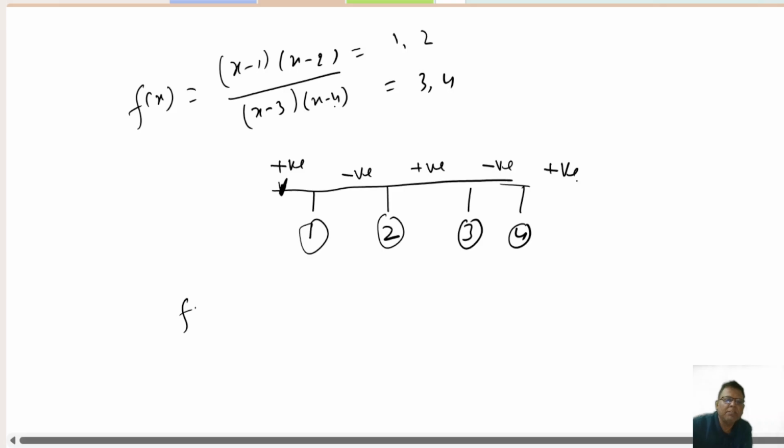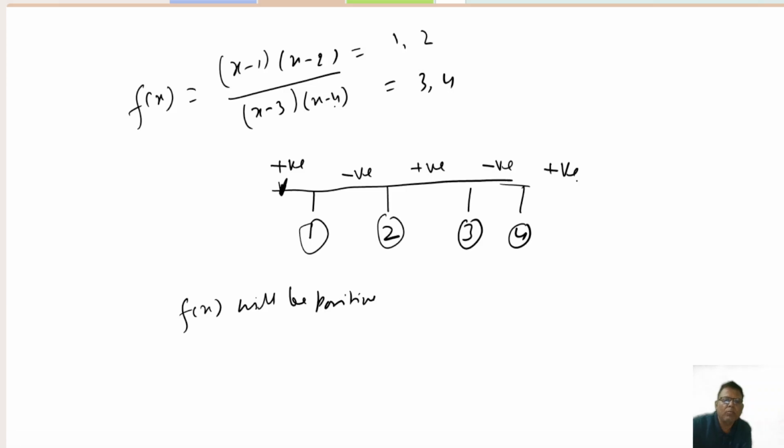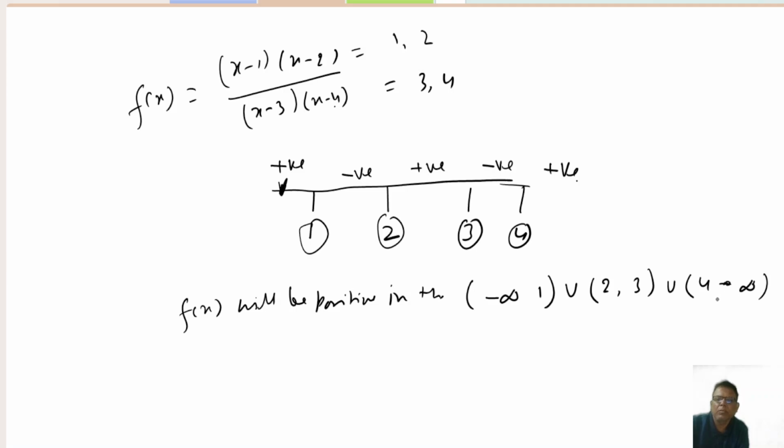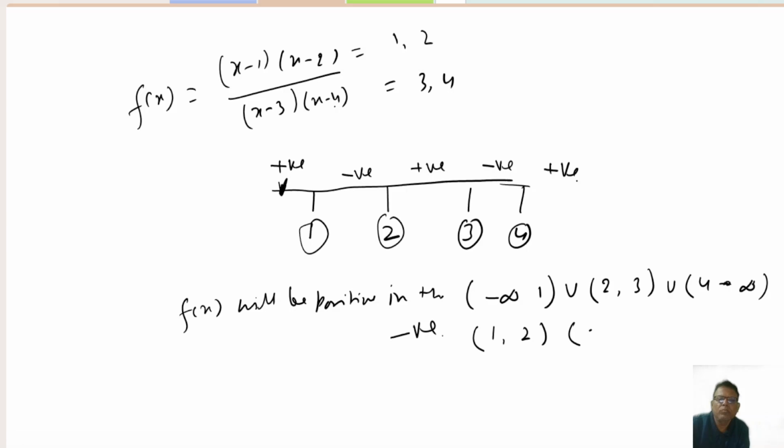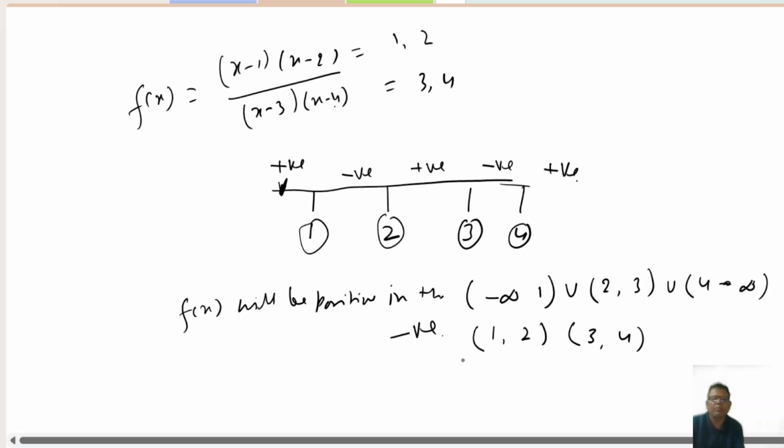So f(x) will be positive in the interval minus infinity to 1, union 2 to 3, union 4 to infinity, and negative in 1 to 2 and 3 to 4.